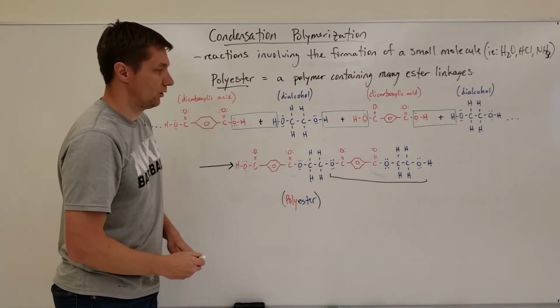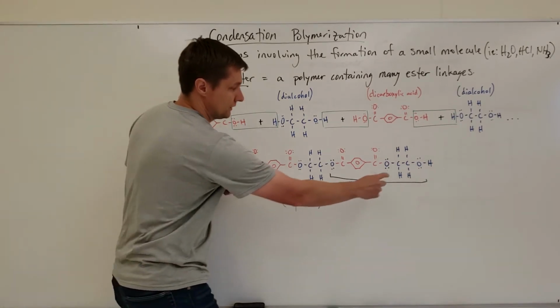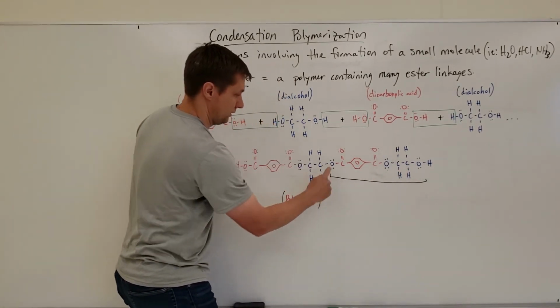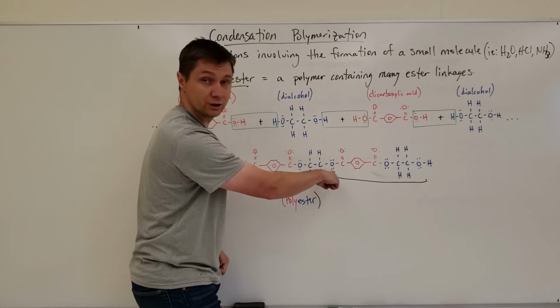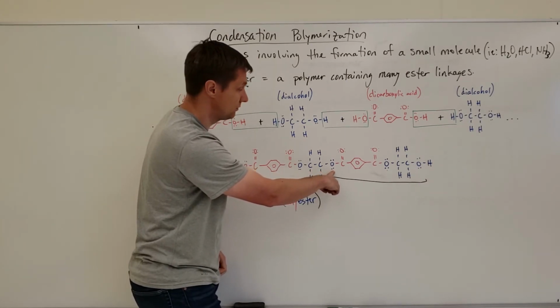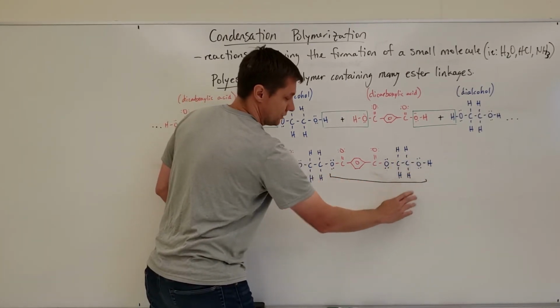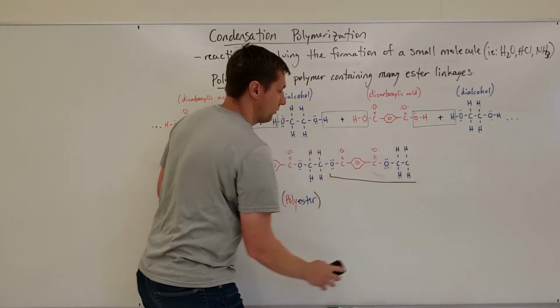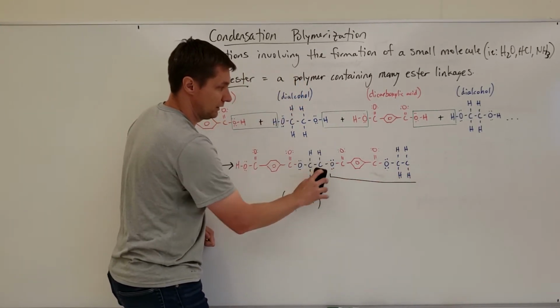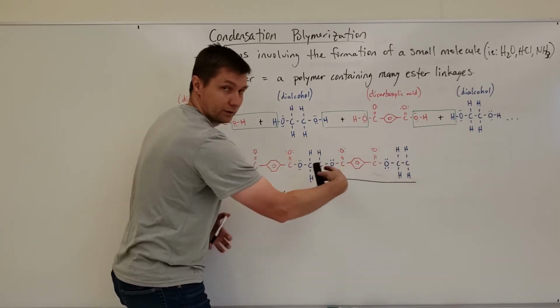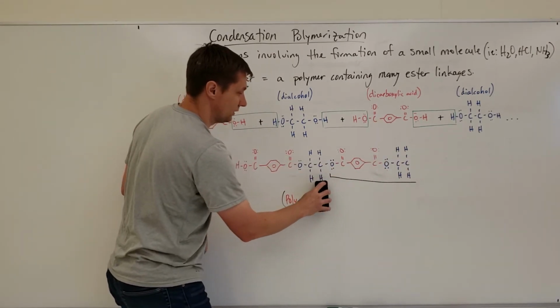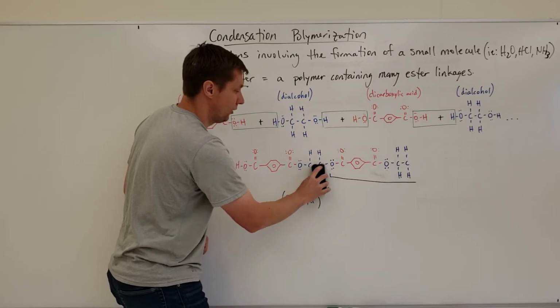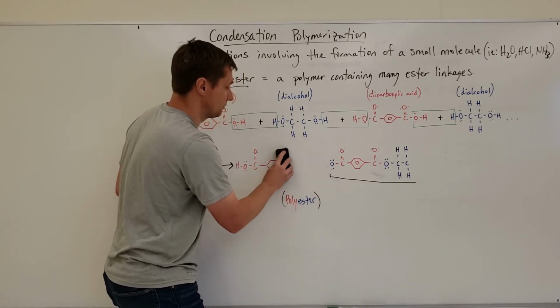If I go to that O right there, what you can see is this O is in the same position as this oxygen is here. And so this oxygen right here I wouldn't include in the diagram. I would take that out. This I would leave in there because that's part of the part that doesn't repeat. And then all the rest of this, I would take this out as well.